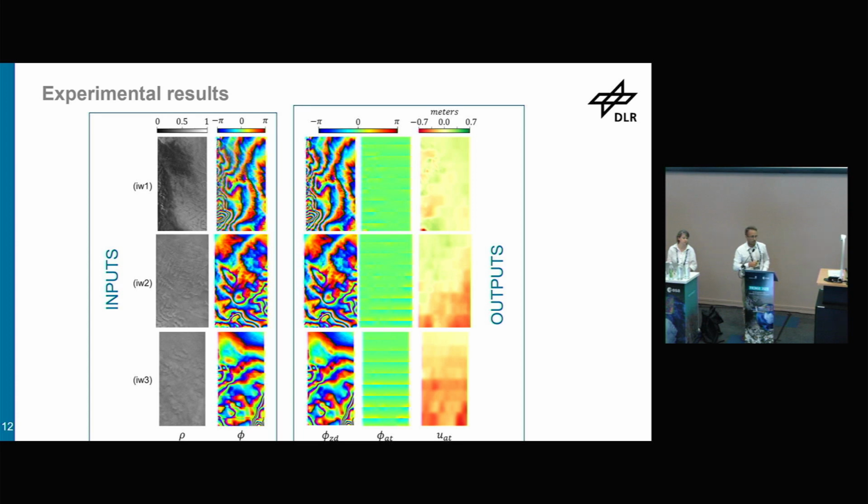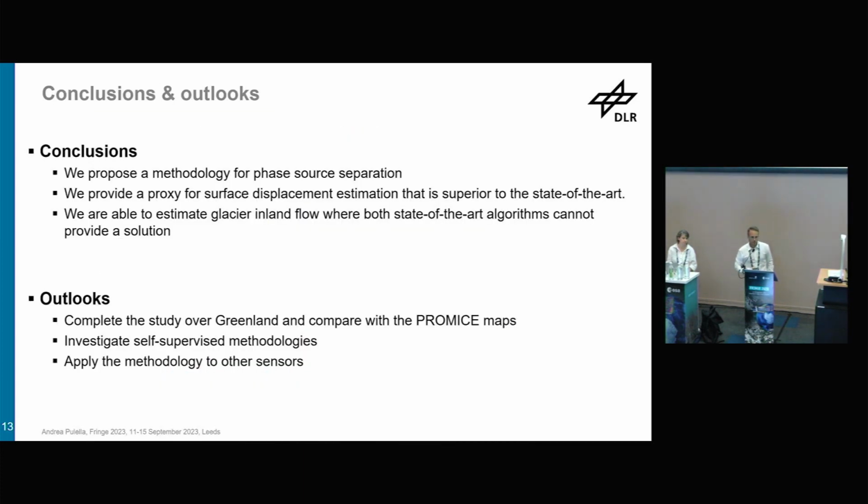With respect to the along-track motion, we can say that the algorithm is able to estimate the value at mid-overlap at the expense of the mid-burst, where we have also a zero Doppler situation, if you think about the Doppler centroid frequency.